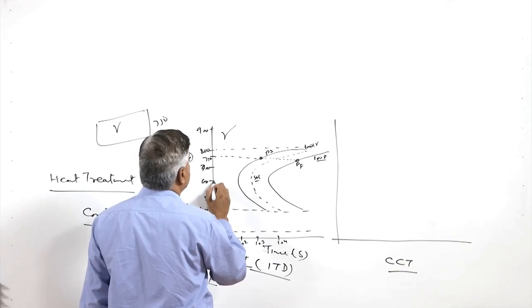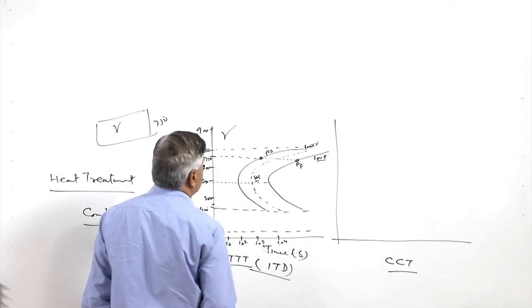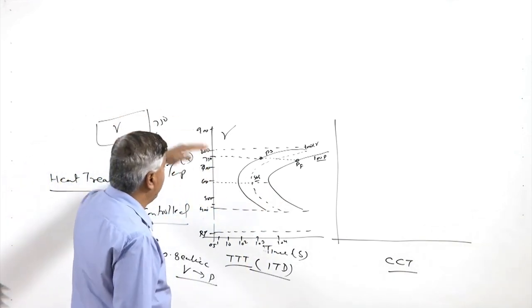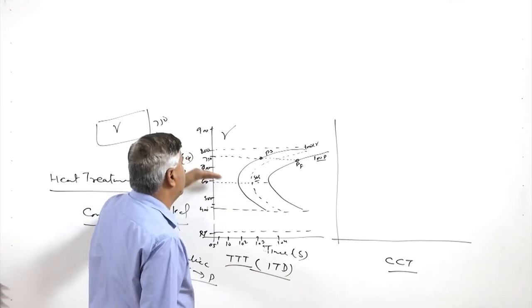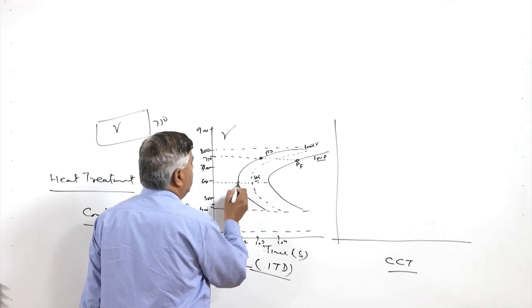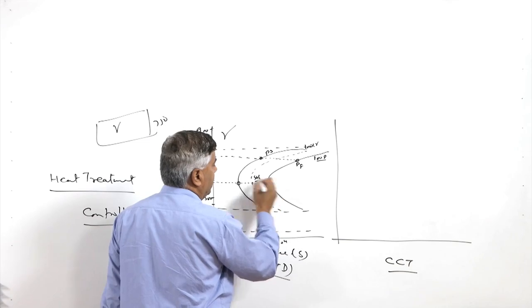If we see the same thing, if the exposure is given at, say, 500 or 550 degree centigrade, the same bar heated to the homogeneous austenitic state and held at constant 500 or 550 degree centigrade, then what will we get? The transformation will occur after this much time, and then it will complete after this much time.